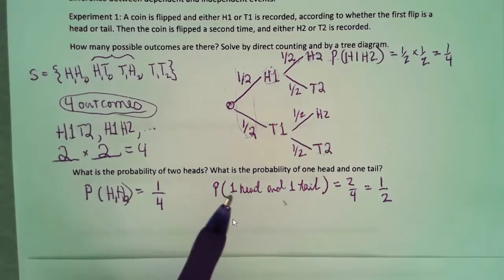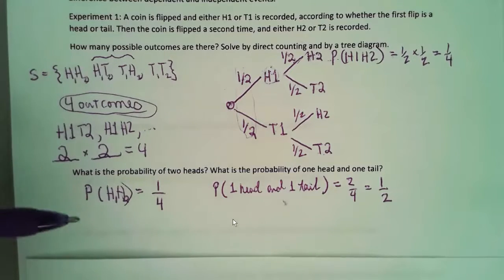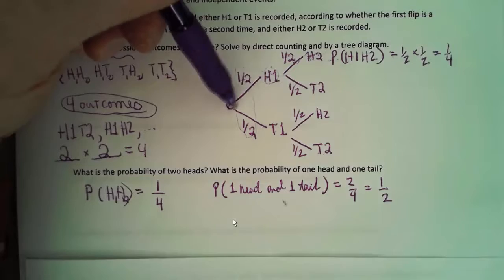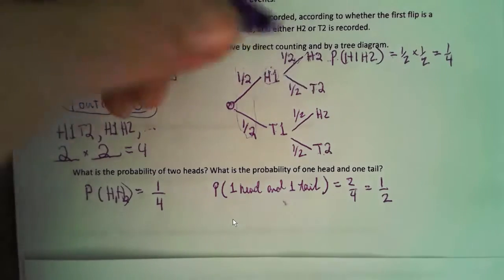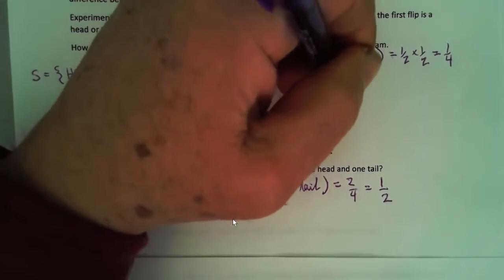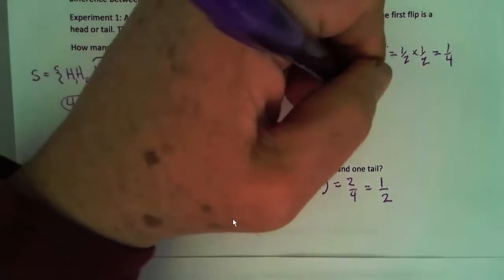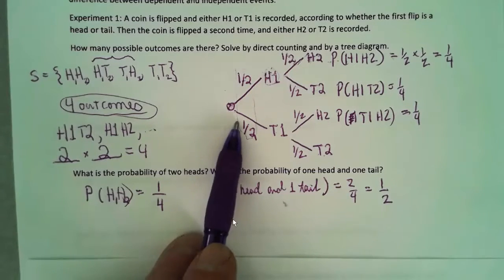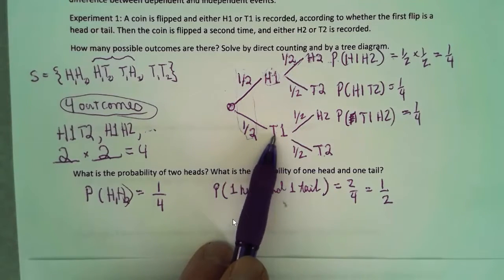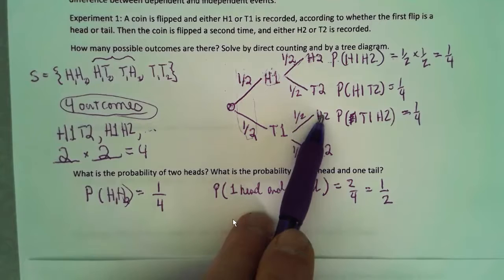In our diagram, we can see that as well. The ways to get 1 head and 1 tail are these. Number 1, you could get a head on the first flip, followed by a tail on the second. That one has probability 1/4. The other possibility would be to get a tail on the first and a head on the second.